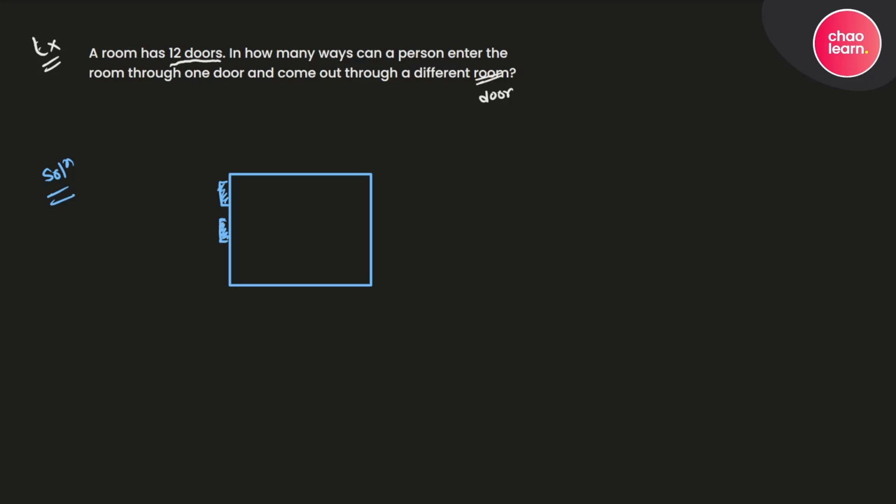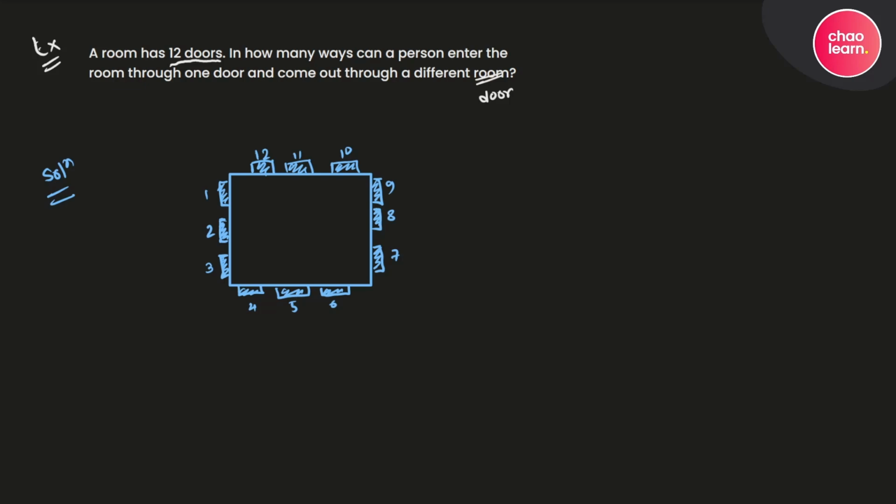It's 1, it's 2, 3, 4, 5, 6, 7, 8, 9, 10, 11 and 12. So there are 12 doors.